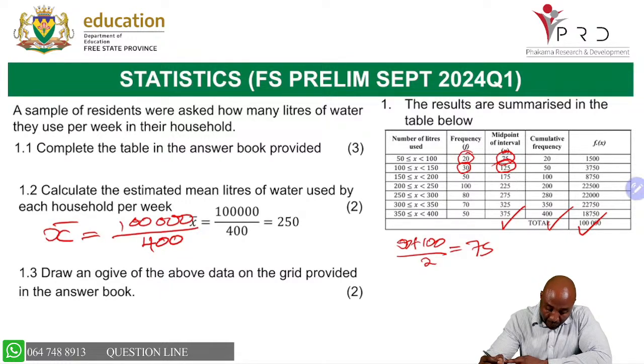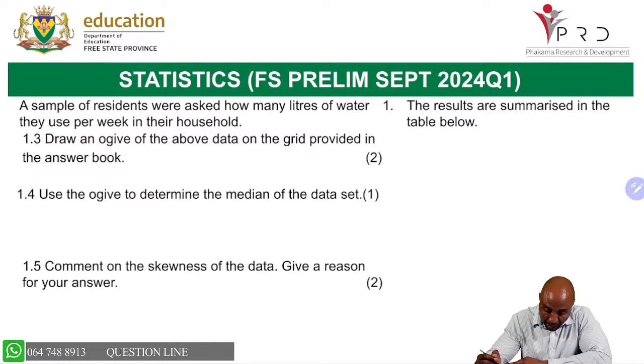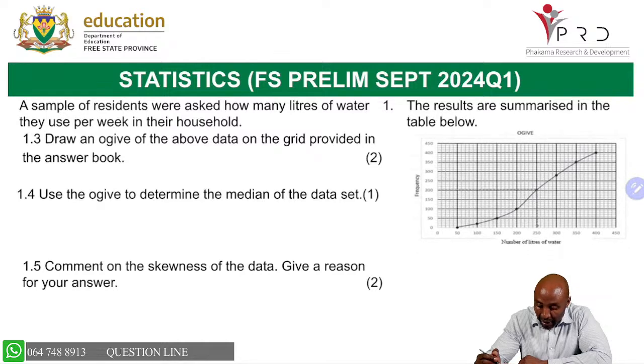Now, we have to draw an Ogive of the above data on the grid provided in the answer book. No, we did not provide you with the grid, so therefore you will draw your Ogive there, and our Ogive should look like that.